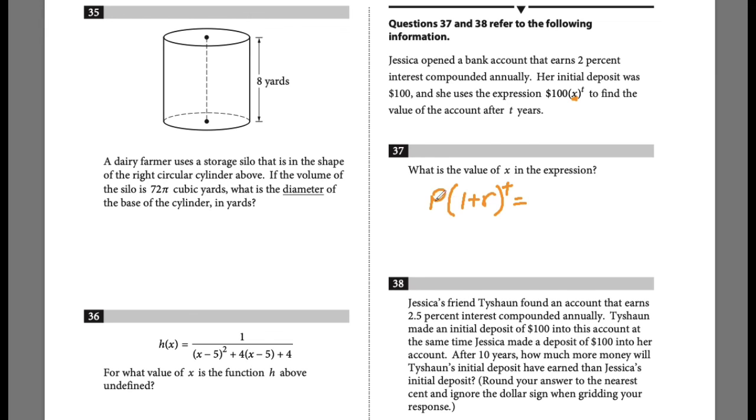In this case, her principal or initial amount is 100 times 1 plus 2% raised to the power of t. This is going to be 100 times 1.02 raised to the power of t. And as we can see, x equals 1.02.